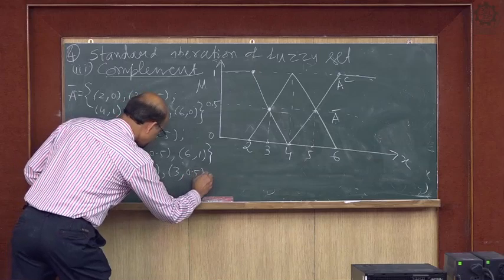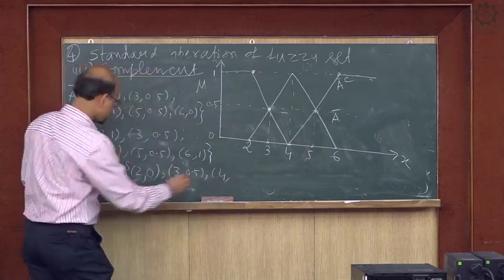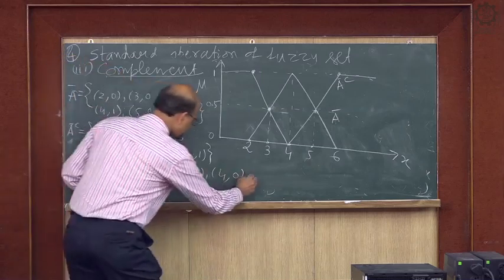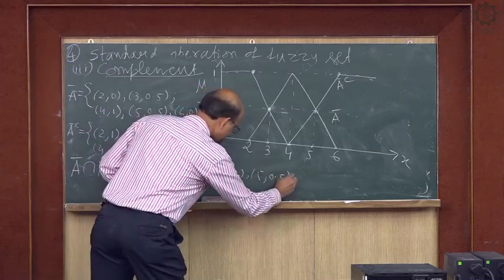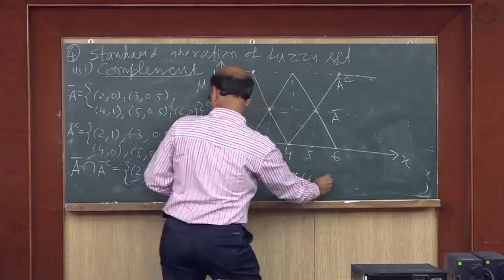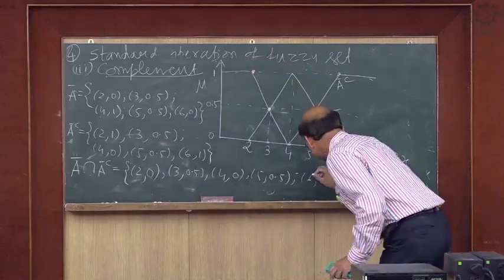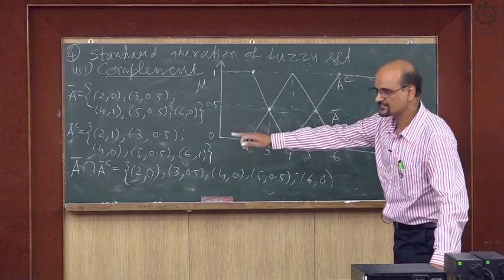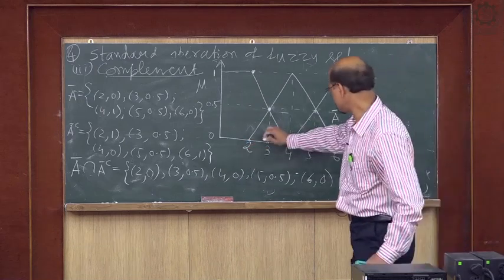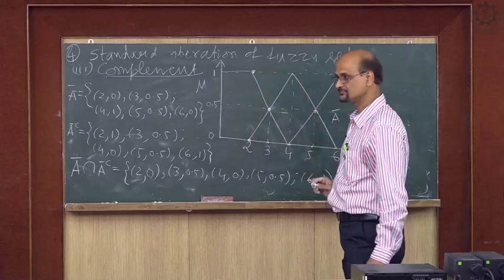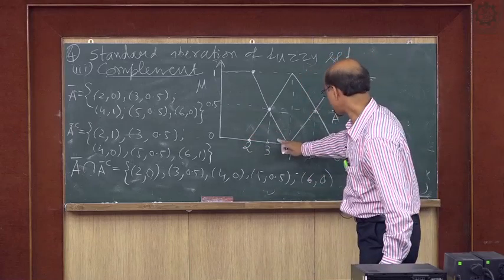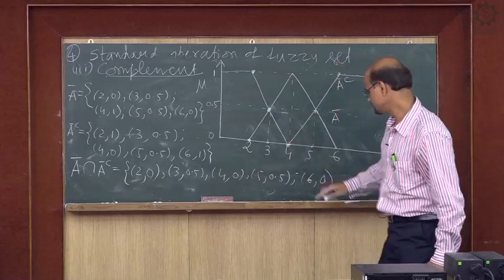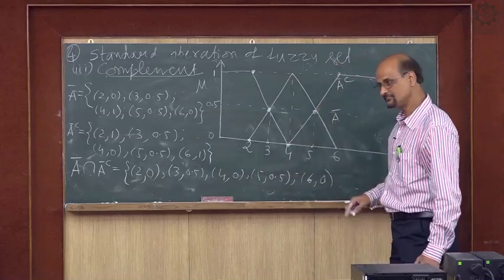For 4, 0. For 5, 0.5. For 6, 0. So the intersection is 2, 0; 3, 0.5; 4, 0; 5, 0.5; 6, 0.